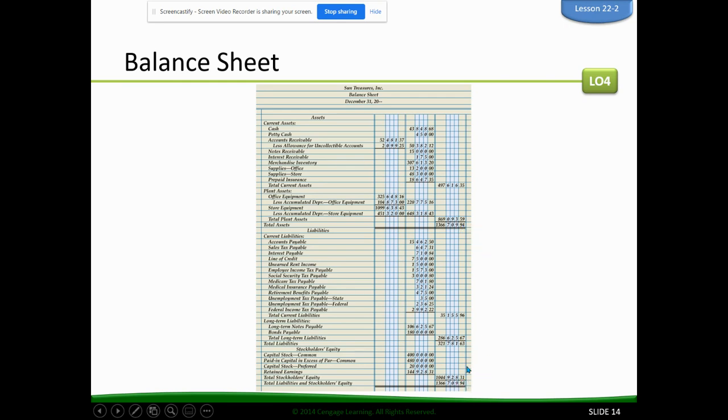We want to make sure that those two match. Okay. So for our balance sheet, you already have the numbers. Like I said, it's just a matter of putting those in, maybe doing some simple calculations, adding and subtracting these columns so you know what those totals are. But for the most part, you already have all the numbers that you need. It's just going to be some simple adding and subtracting.